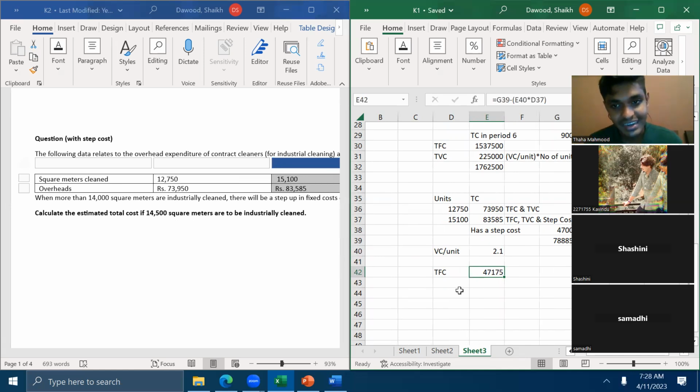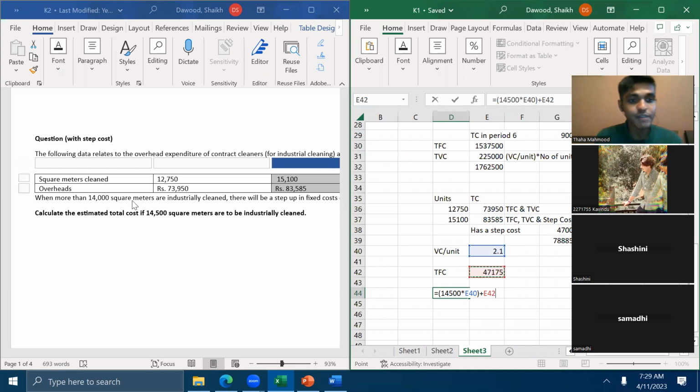But the question asks us to estimate the total cost if 14,500 square meters are to be industrially cleaned. So it would be 14,500 into this 2.1. This would be the variable cost. Then add the fixed cost. 14,500 units multiplied by variable cost per unit, and then you add the fixed cost.